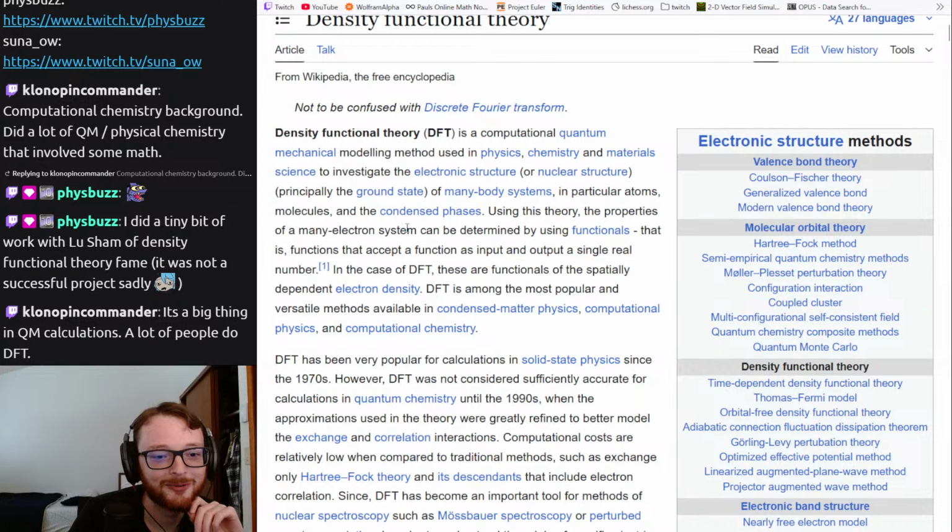Wait, so does this get you a function? Okay, so I'm used to numerical methods where you just estimate a number. Is there a numerical method to estimate a function with functionals? Does that even make sense?